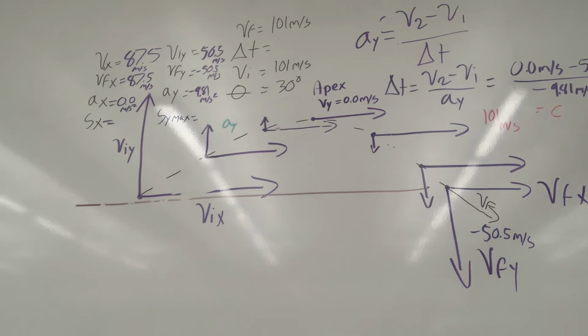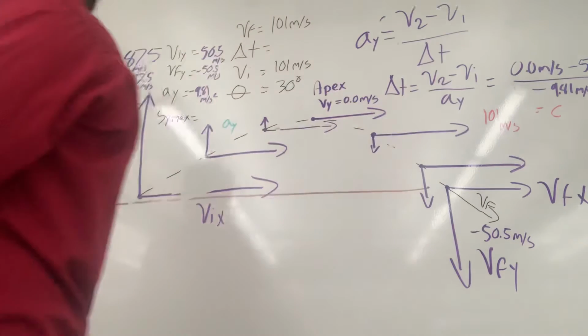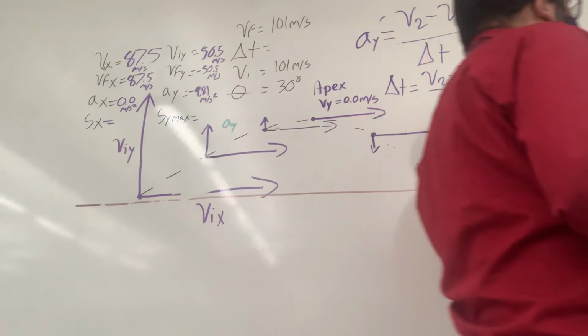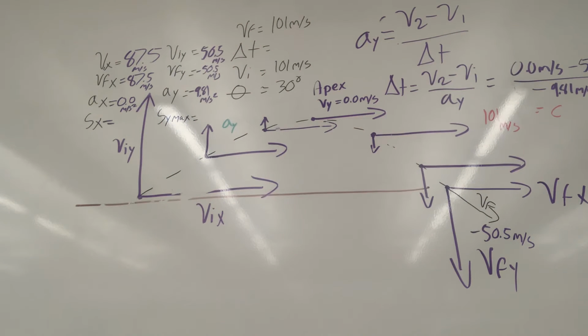So that's negative 50.5 divided by negative 9.81, which is cool because a negative divided by a negative gives you a positive. Therefore, we don't end up with negative time, so you know you did all the substitution right. And you get an answer of 5.15. If you round, it's 5.147.